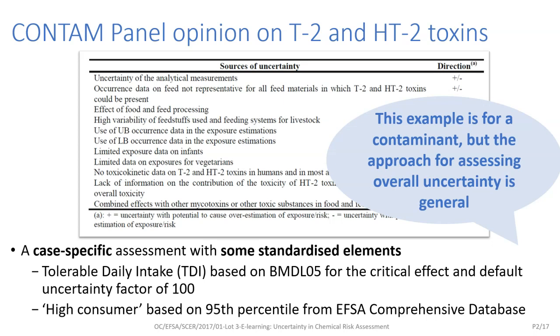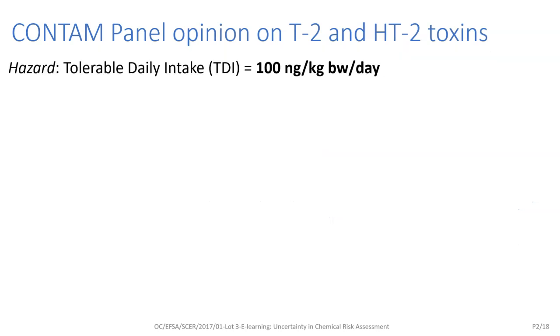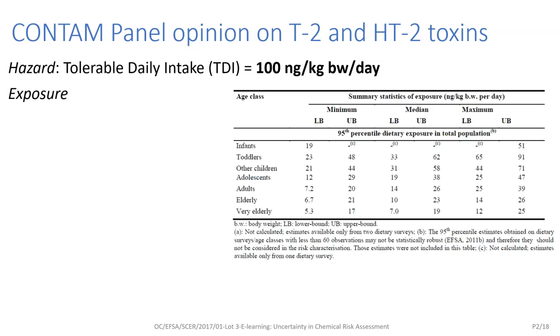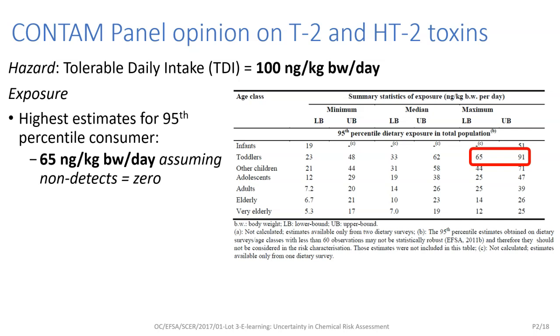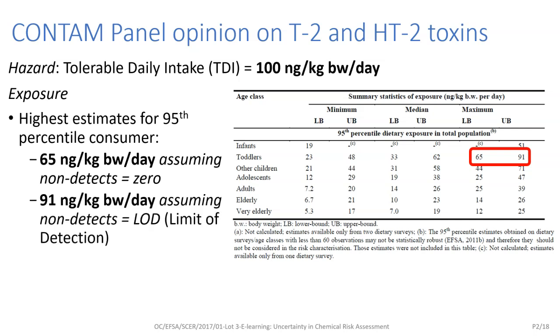First, we need to recall the key points of the Contam panel's assessment. The hazard assessment resulted in a TDI of 100 nanograms per kilogram body weight per day. The exposure assessment was carried out for different EU countries, and the highest estimates for the 95th percentile consumer were 65 nanograms per kilogram body weight per day, assuming non-detects are equal to 0, and 91, assuming non-detects are equal to the LOD, the limit of detection.